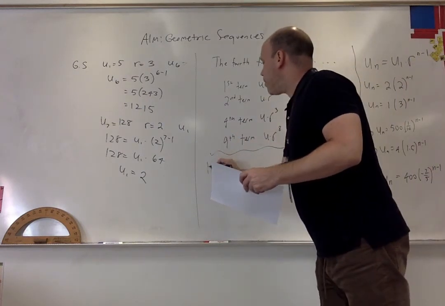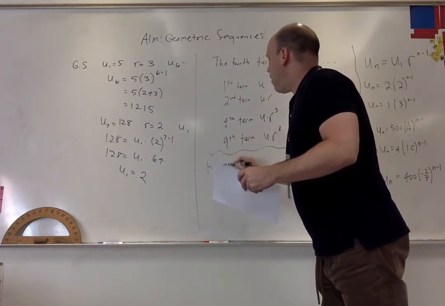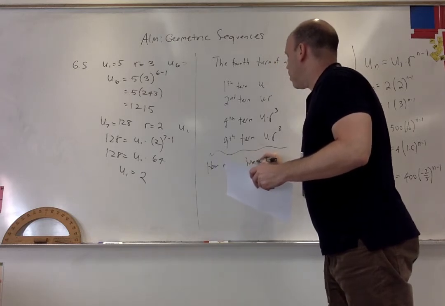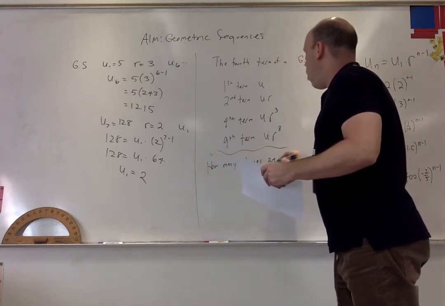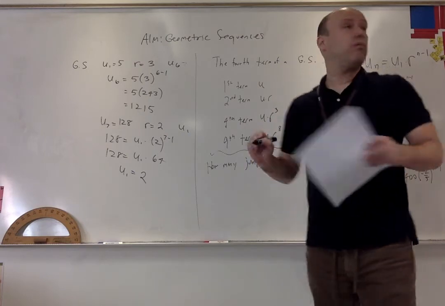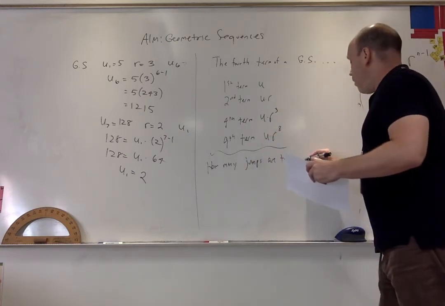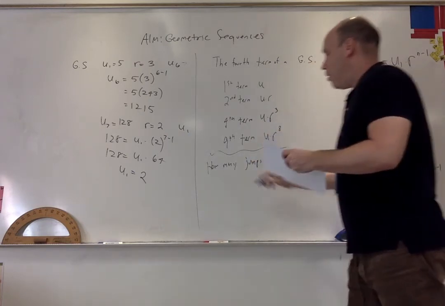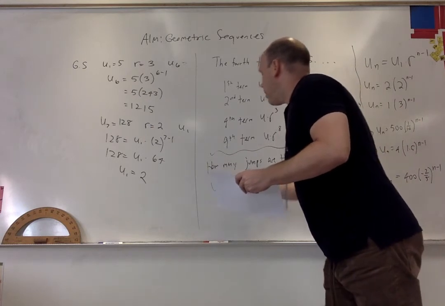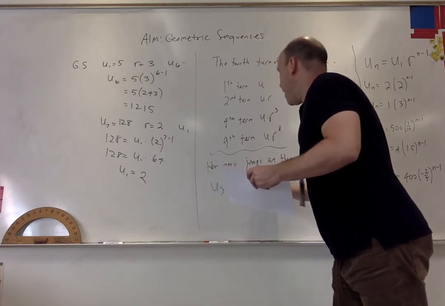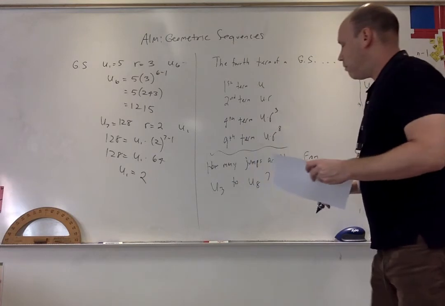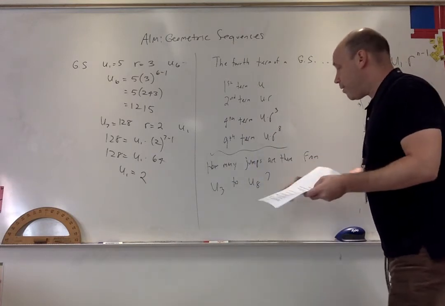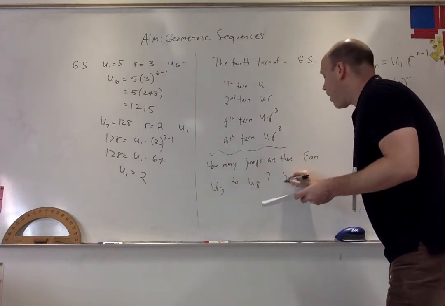How many jumps are there from u of 3 to u of 8? Right? And so the answer is, 3 to 8, that's 5 jumps.